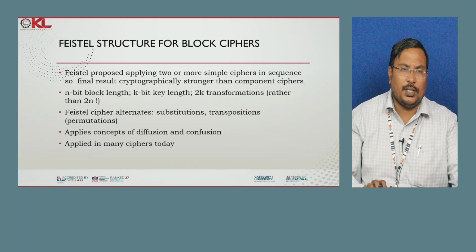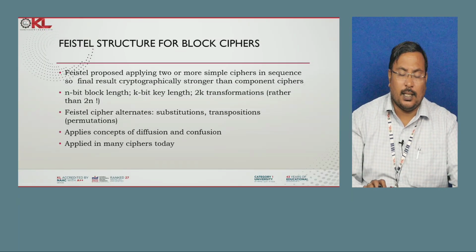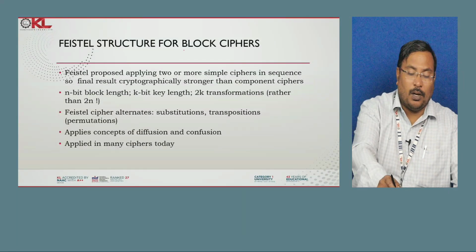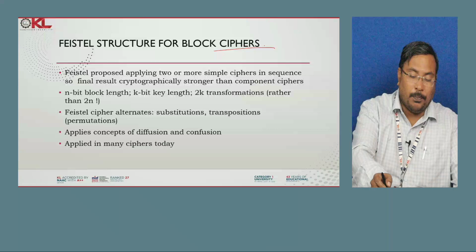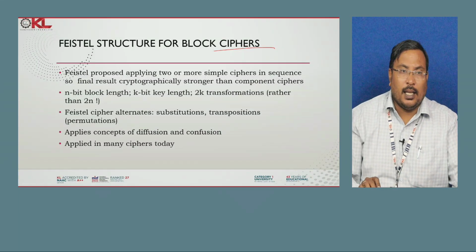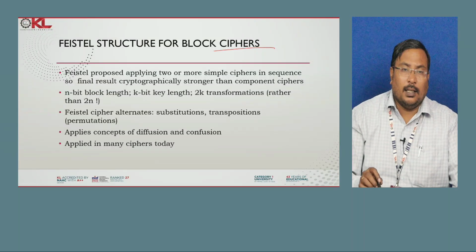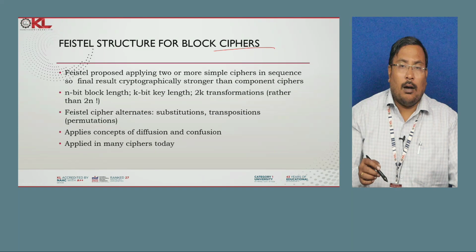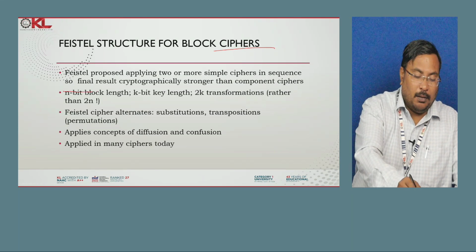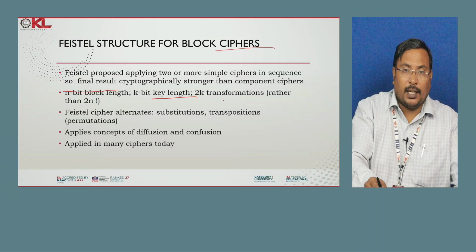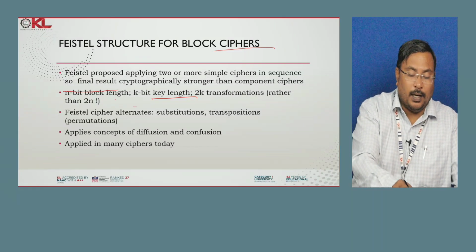So the Feistel structure. What is this Feistel structure? The Feistel structure is used to perform block ciphers. The Feistel structure proposed applying 2 or more ciphers in a sequence, so that the result is stronger than the component ciphers. With N-bit block length and k-bit key length, there are 2 power k transformations rather than 2 power n.